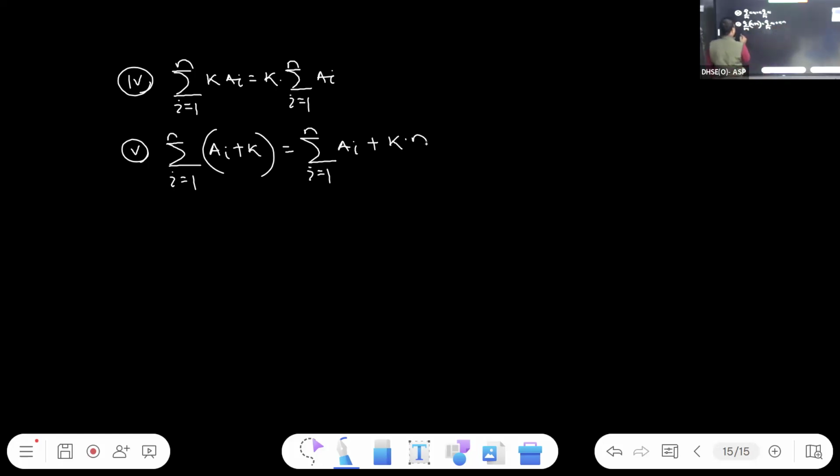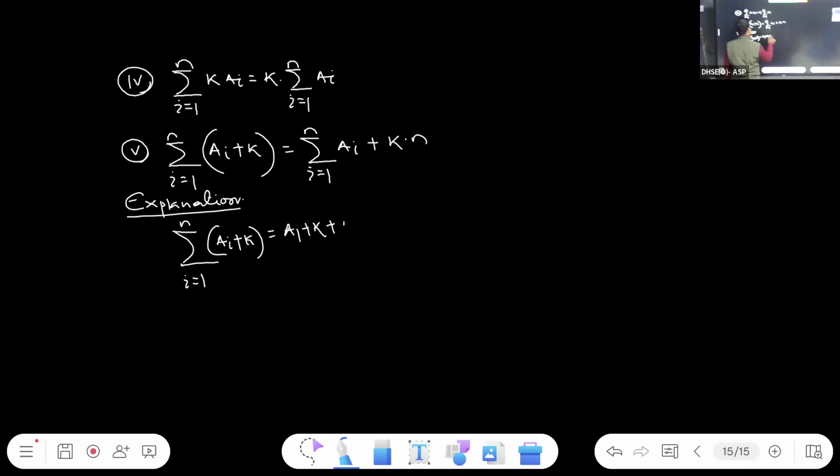Come for the explanation. Sigma i equals 1 to n of (ai plus k) equals a1 plus k, plus a2 plus k, plus a3 plus k, plus up to an plus k.